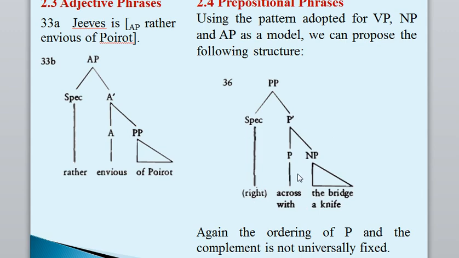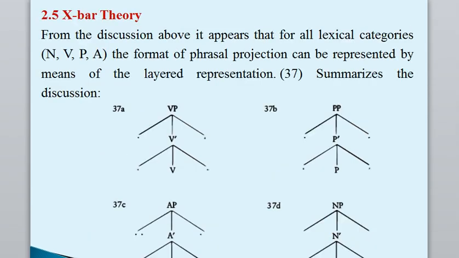Maybe in other languages we have other orders, as you saw in the previous session about the Japanese language, for example. So this is again the adjective phrase and the prepositional phrase. As you see here, they are like the verb phrases and the noun phrases.